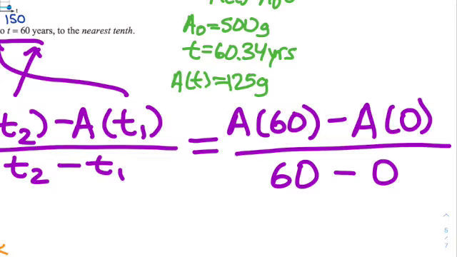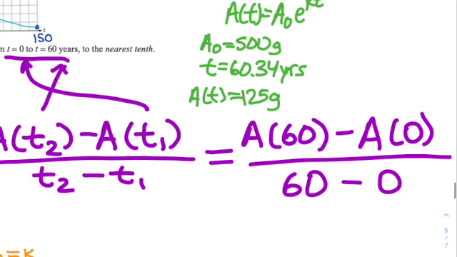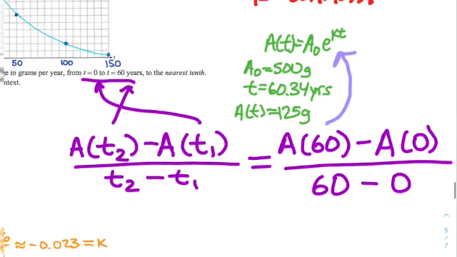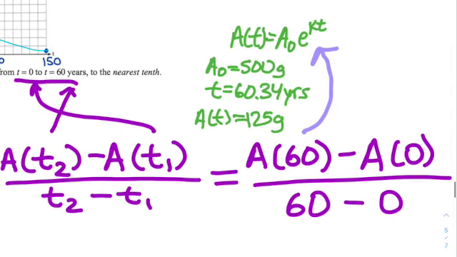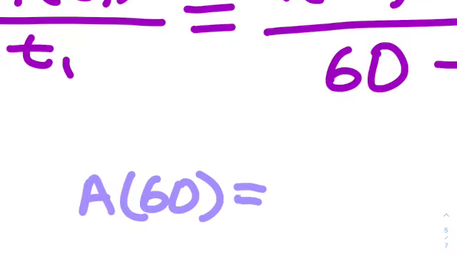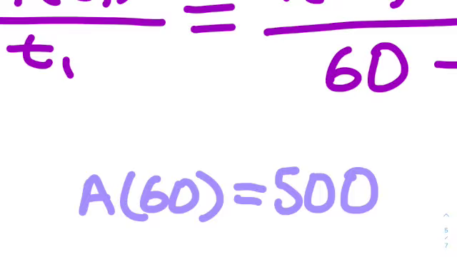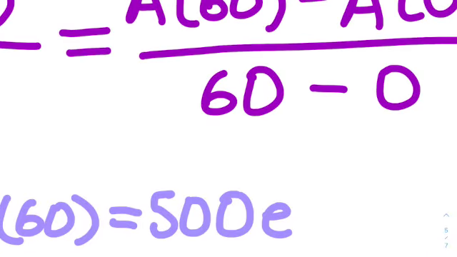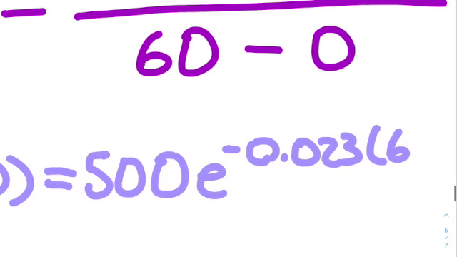When you look at A of 60, we know that it's for the years, and we know that we can plug in 60 for those years. We're going to plug that back into our original formula, A of t equals A0 times e to the kt, and instead of using 0, 50, or 100, whatever we have been using, we're going to use 60 instead. So A of 60 equals 500, the initial value, times e to the negative 0.023 times 60.